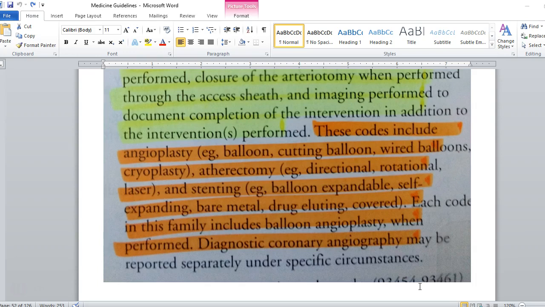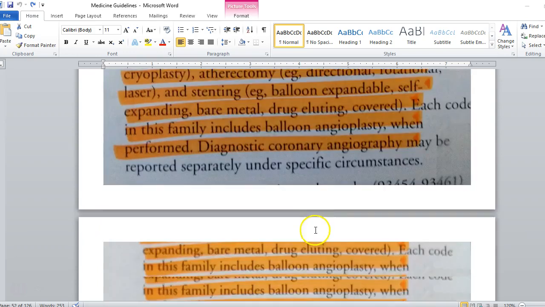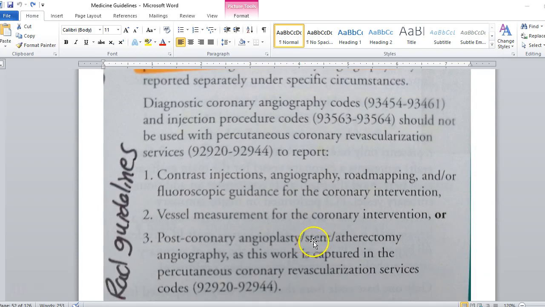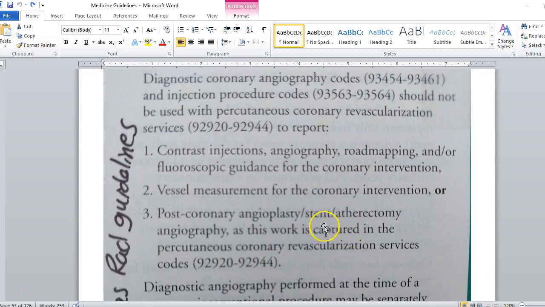Now, for those of you who have already done the radiology section and watched the cardiovascular surgery, you'll know that the next set of guidelines are exactly the same as the radiology guidelines. When can we code for a diagnostic angiography and when can we not?